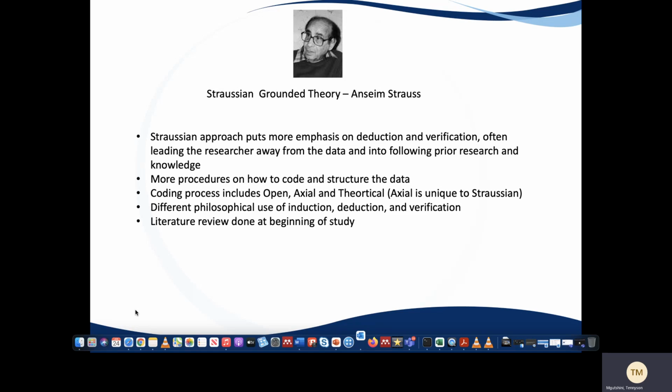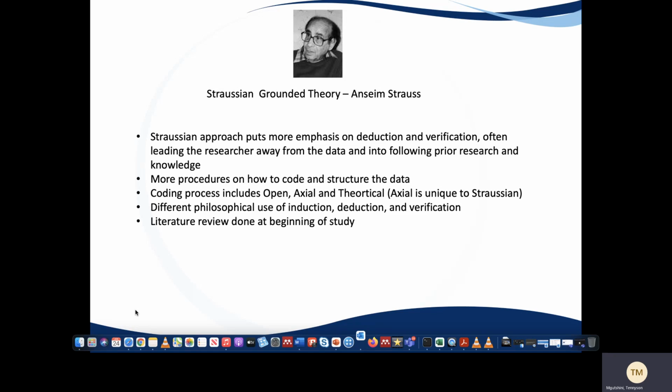In the Straussian type of grounded theory, the view is that as you come across the data, you become more clear about how this data relates to prior research and what theoretical positions exist. And as you proceed more, you focus less on the data that is emerging, but more on the prior research that relates to what you thought you were seeing, and prior knowledge, and so forth.